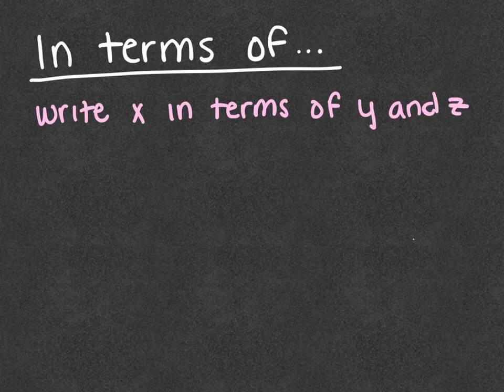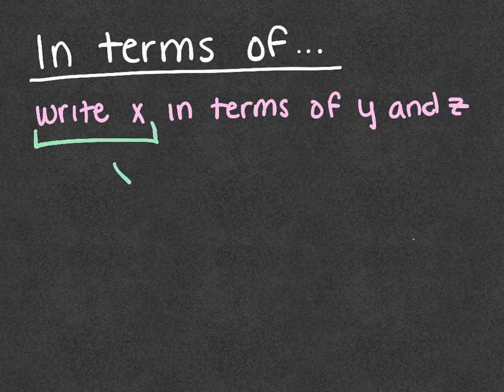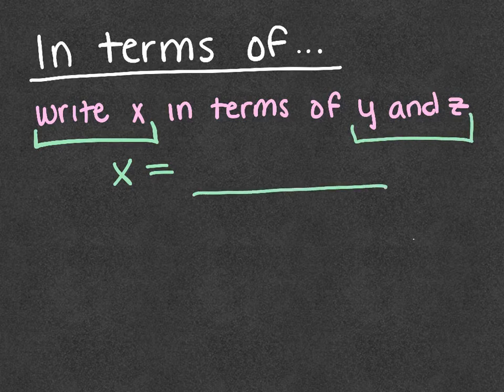All right, so a lot of you guys have struggled with when it says "in terms of." So let's go over what that means. If we have this sentence, "write x in terms of y and z," the way we translate this is we're writing x, so we're getting x by itself, in terms of, so we're writing an equation, and then y and z should be the only variables in this equation.